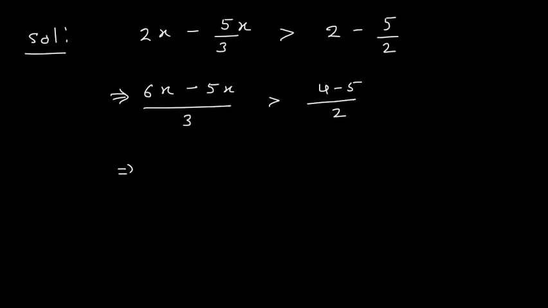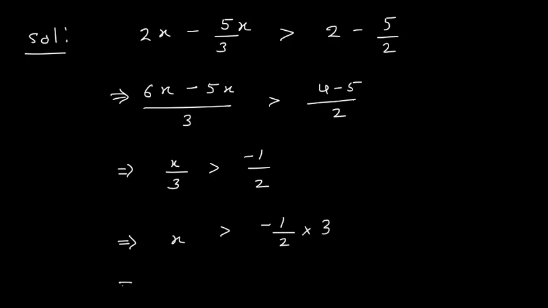So 6x minus 5x is x, so x upon 3 is greater than 4 minus 5 is minus 1 upon 2. So this gives me x is greater than minus 1 upon 2 into 3.